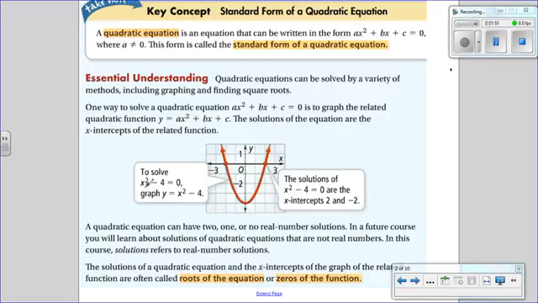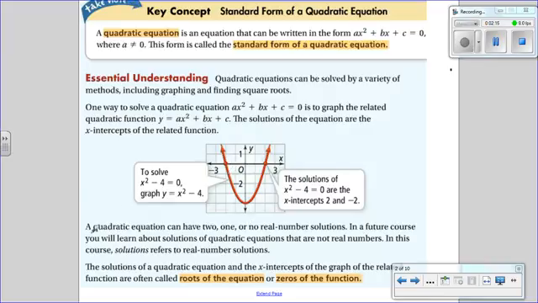If you plugged in 5, 5 squared minus 4, 5 squared is 25, minus 4 is 21. 21 does not equal 0, so that's not a solution. A solution is something that makes this true. So again, graphing it is probably your easiest bet, but it's not always something that's possible either.